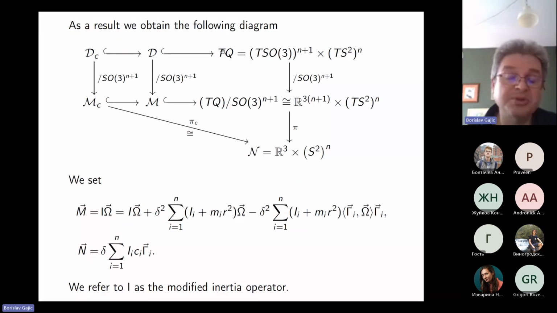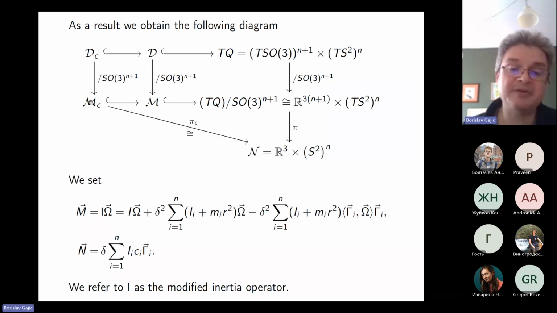This commutative diagram describes what we do. We have the configuration space, this big one. Then we have a constrained submanifold, and we have a constrained submanifold with integrals. This is reduction by the SO(3)^(m+1) action. In these three directions, we have this reduction. This is the manifold without constraints, M is with constraints, and this is with additional integrals.